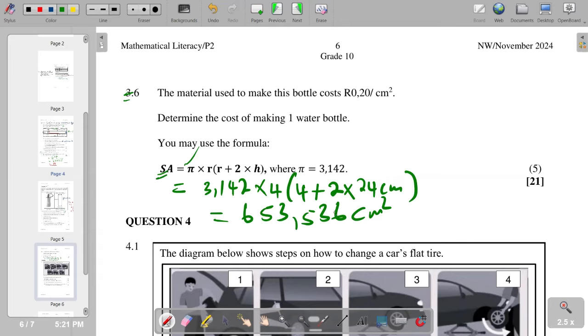And then we are told that 1 square centimeter is 20 cents. So to get the total cost of these square centimeters, we're going to say 653.536 square centimeters times 20 cents.